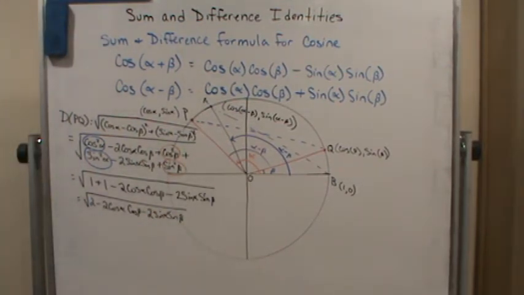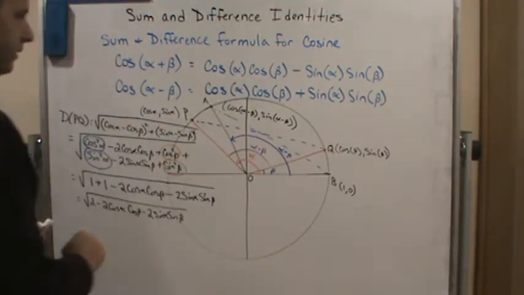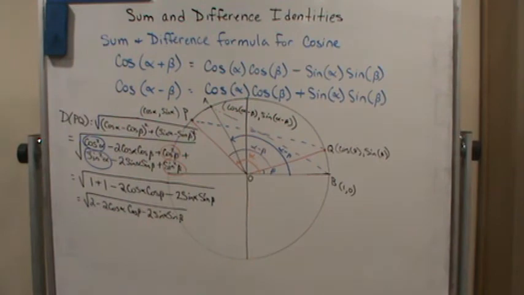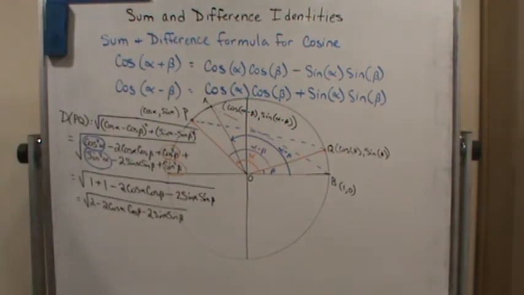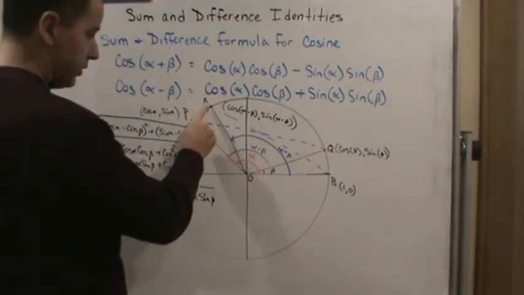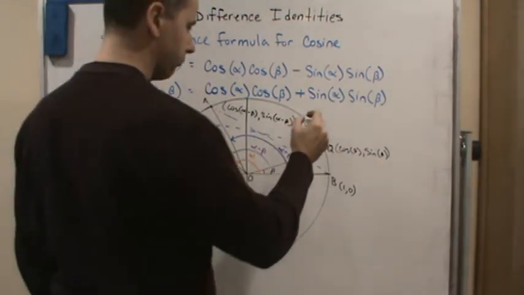Now notice, this looks almost like this. So we found as much as we can with this. Now let's do AB. Let's do the same thing with AB.